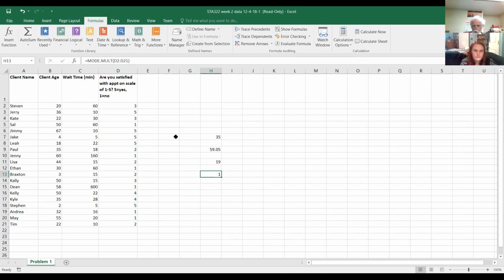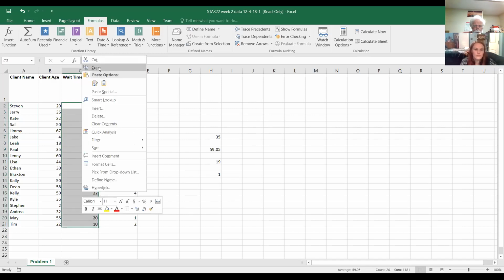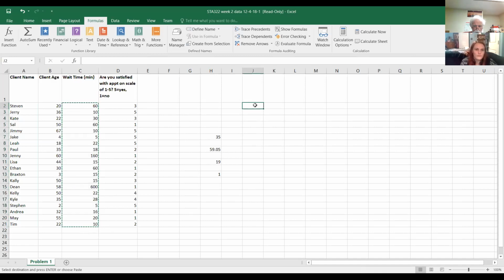But let me show you another way to calculate a mode. And I'm going to do that on the wait time data. What I'm going to do first is simply copy that data range and place it into a different location.